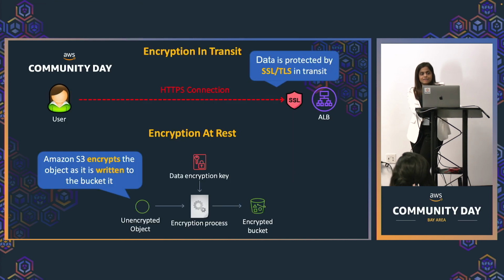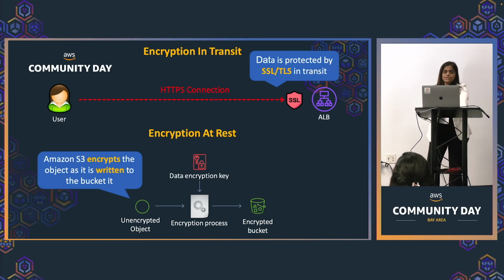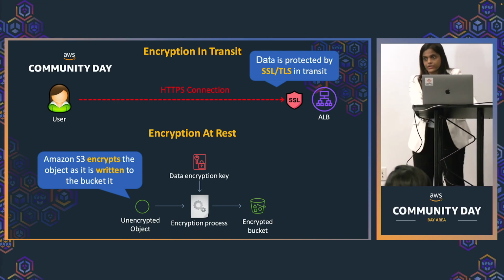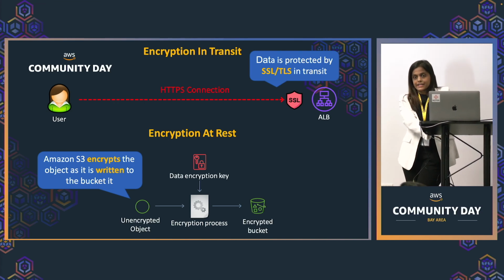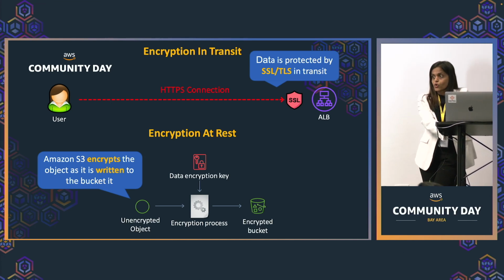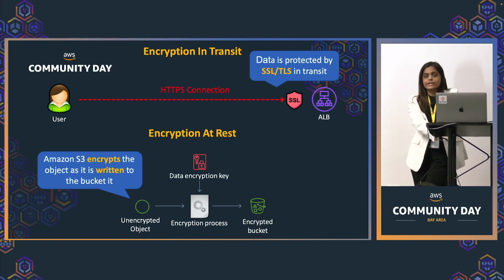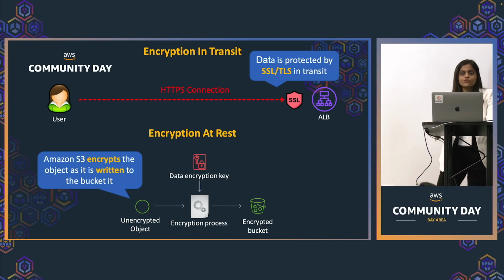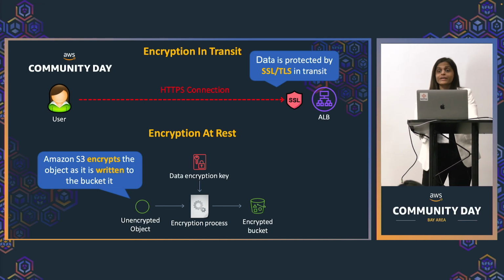What is ACM? ACM is basically a certificate service provided by AWS where you would be able to provision, create, rotate, and maintain all your SSL/TLS certificates. So what is SSL/TLS? SSL/TLS are basically industry standard protocols for encrypting your network communications and for making your data secured in transit.